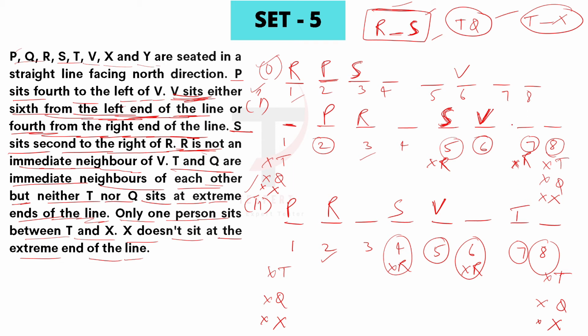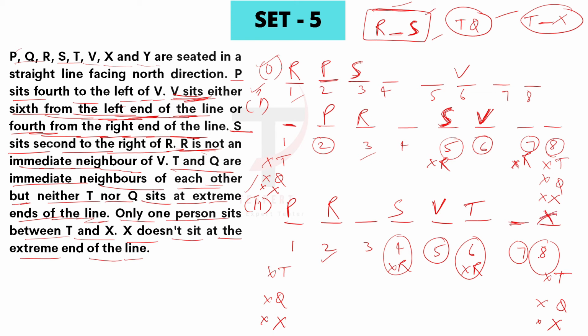Because between T and X, there should be one vacant position. So we cannot place T at position number 7. So T must be placed at the 6th position. If T is placed at the 6th position, there must be one vacant place to the right of T, which is 7, and X must be placed at the 8th position.